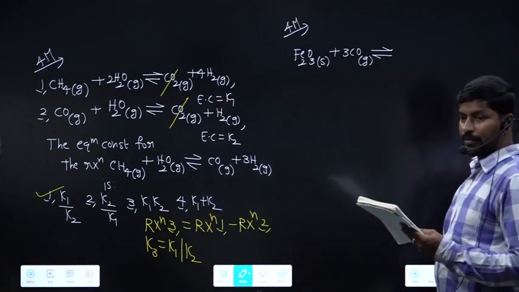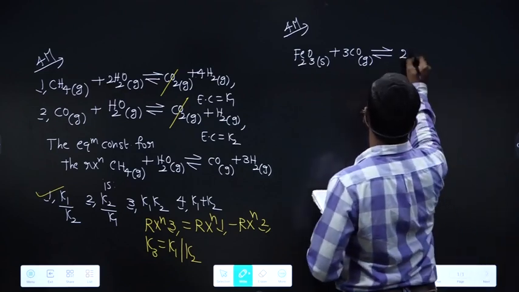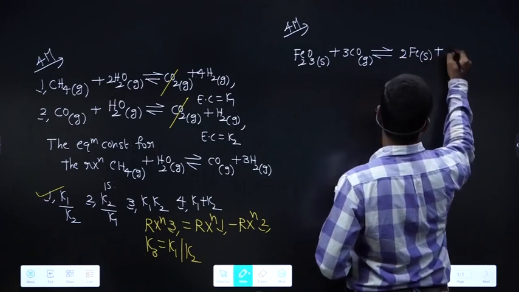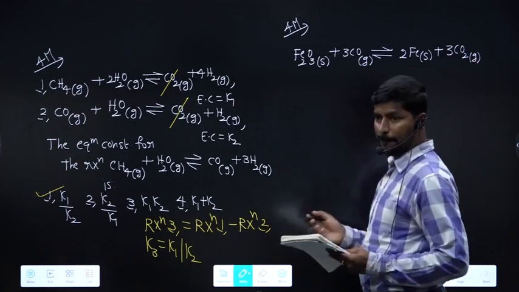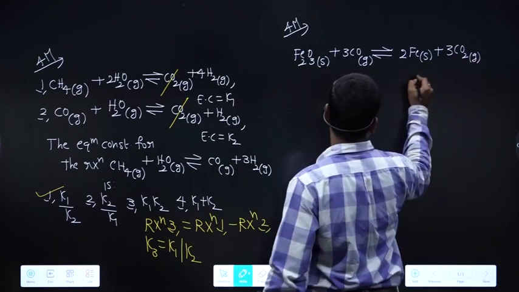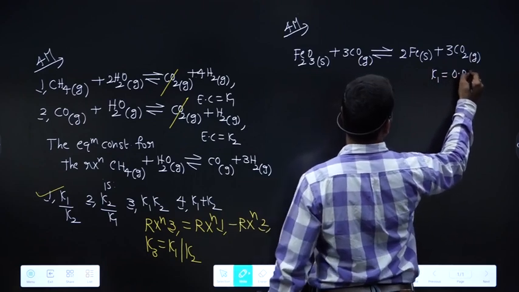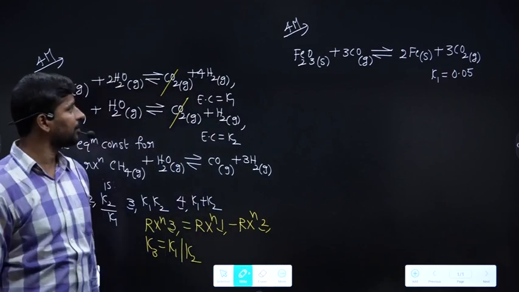Fe2O3 solid plus 3 moles of CO gas gives 2 moles of iron solid plus 3 moles of CO2 gas. K1 is equal to 0.05.